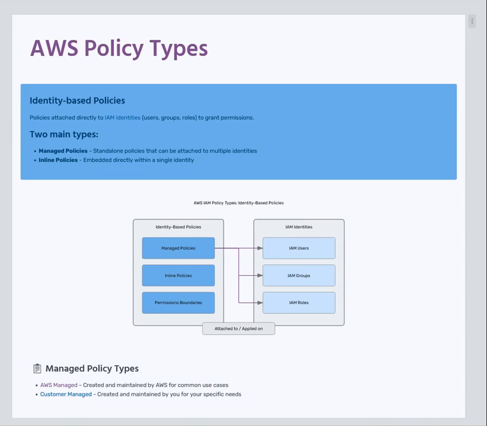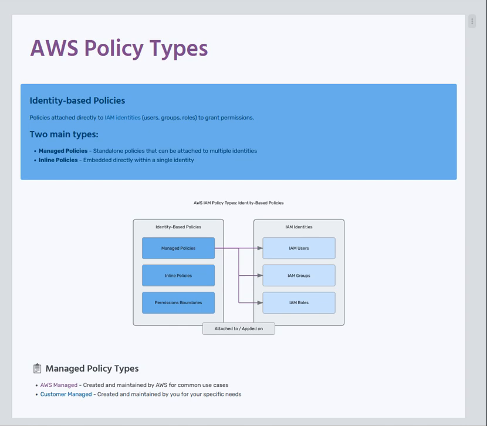All right, so we are moving forward. We're going to discuss policies and policy types now. The first one here is identity-based policies. These are policies attached directly to IAM identities, so they are attached to users, groups, and roles to grant permissions.